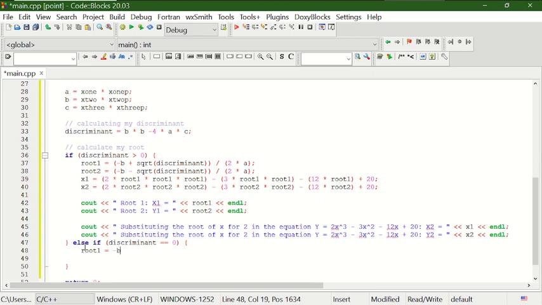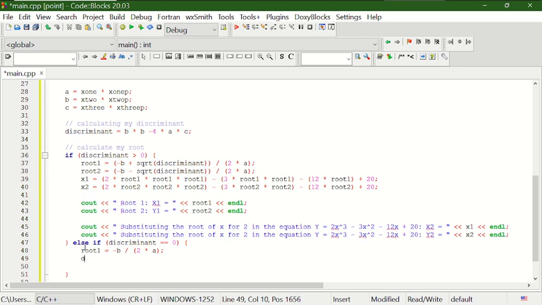Minus b divided by, in bracket, 2 times a. We'll say double. So you can see we can double this, right?